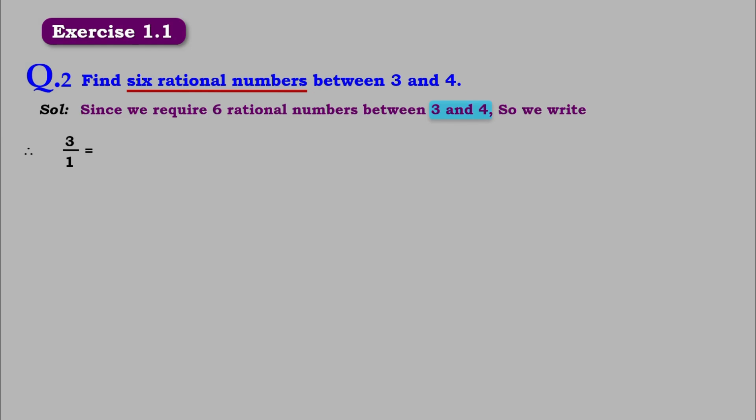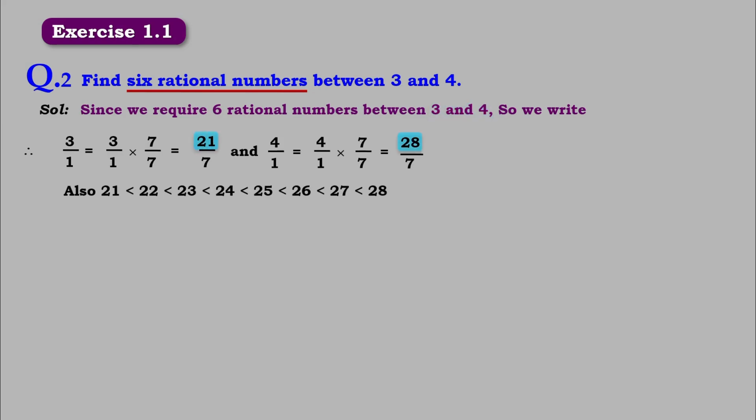So 3 can be written as 3 by 1. Now we multiply 3 by 1 with 7 by 7, which gives 21 by 7, and 4 can be written as 4 by 1, equal to 4 by 1 into 7 by 7, which is 28 by 7. Now we have to find the rational numbers between 21 and 28. Those are 22, 23, 24, 25, 26, 27.